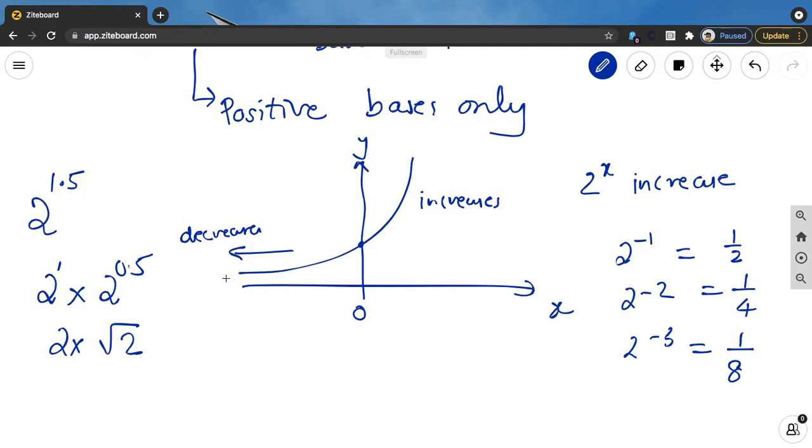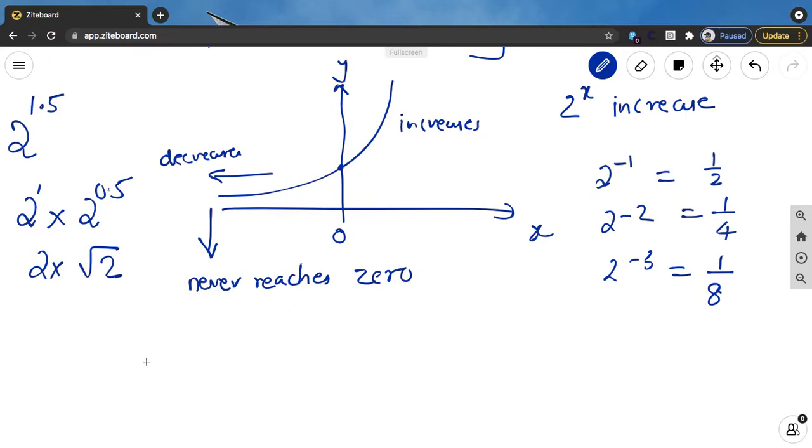On the left hand side, though it decreases, it never reaches 0. So it only approaches 0. The other name for this kind of behavior in mathematics is asymptotically approaching 0, without reaching 0, and therefore y equal to 0 is the asymptote.